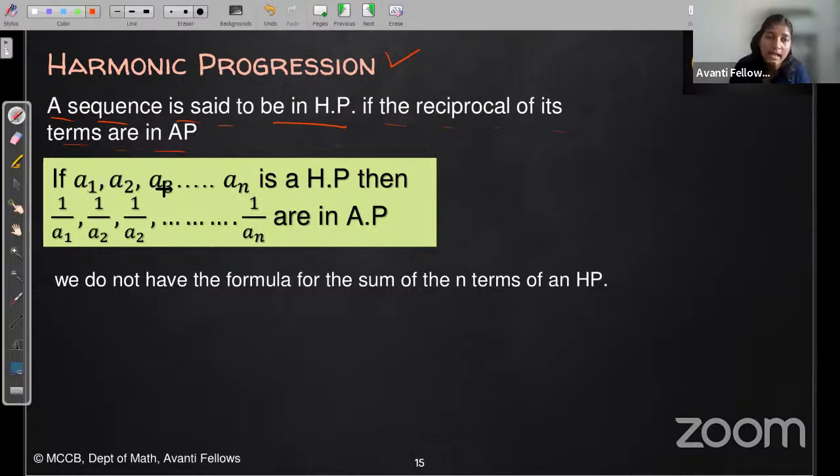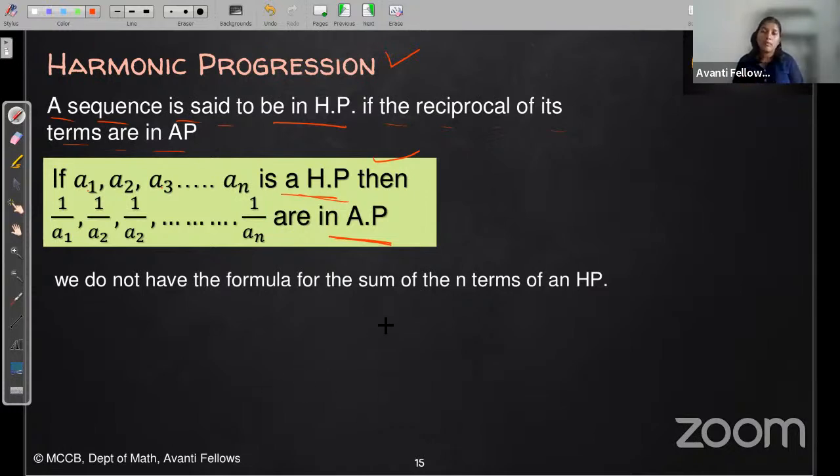That is, if A1, A2, A3 up to AN is an HP, we call this sequence HP if I consider the reciprocal of each term, 1 by A1, 1 by A2, 1 by A3, and so on, and these terms are in AP. Harmonic progression is nothing but the reciprocal of arithmetic progression. Remember that. Right?